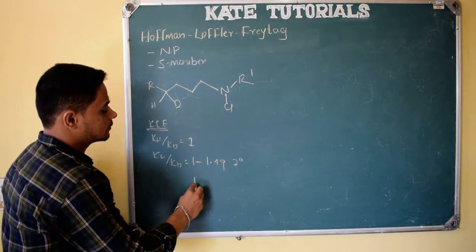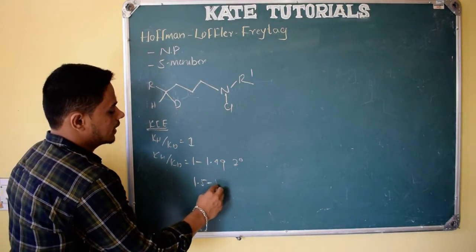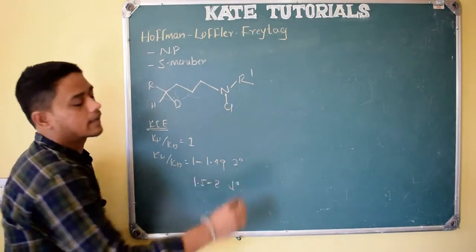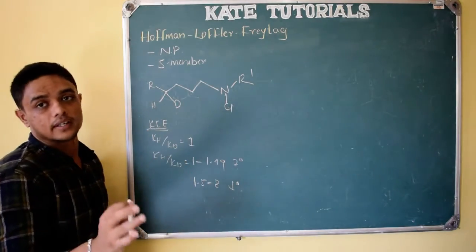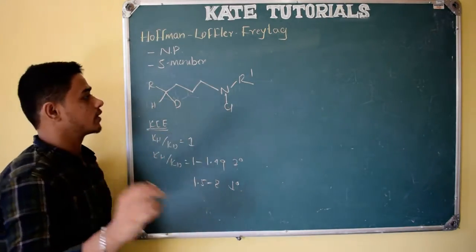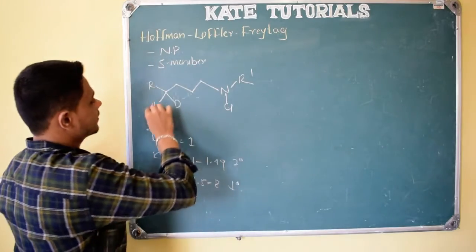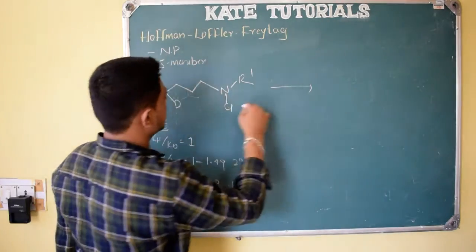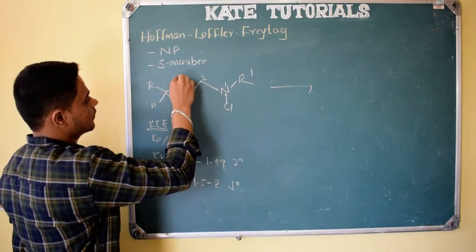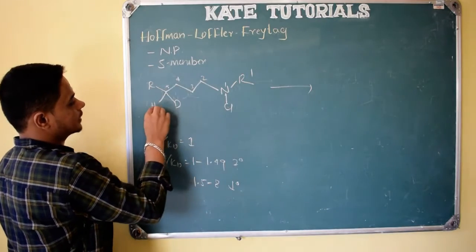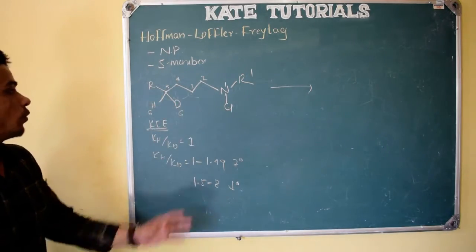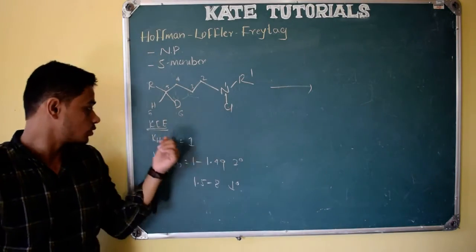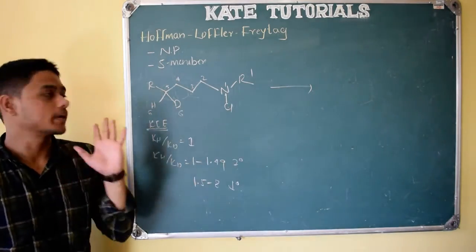If it lies between 1.5 to 8, then it is called primary kinetic isotope effect, right? So if we measure this, see here 1 2 3 4 5, fifth carbon, sixth hydrogen is also there, and one hydrogen is replaced by deuterium. Why have we replaced it by deuterium? To study this kinetic isotope effect, right?